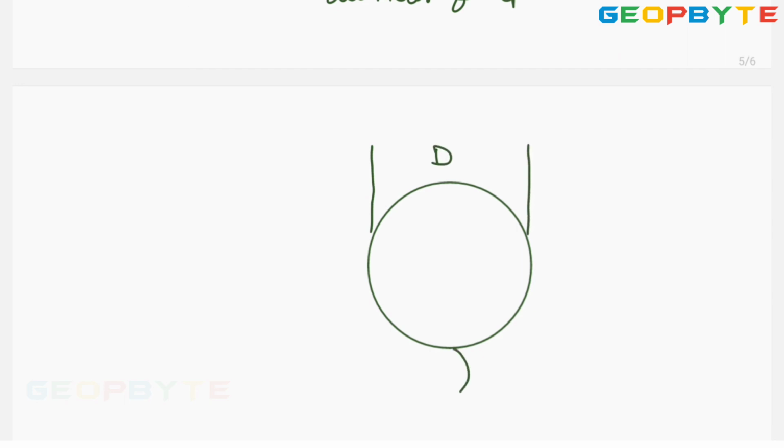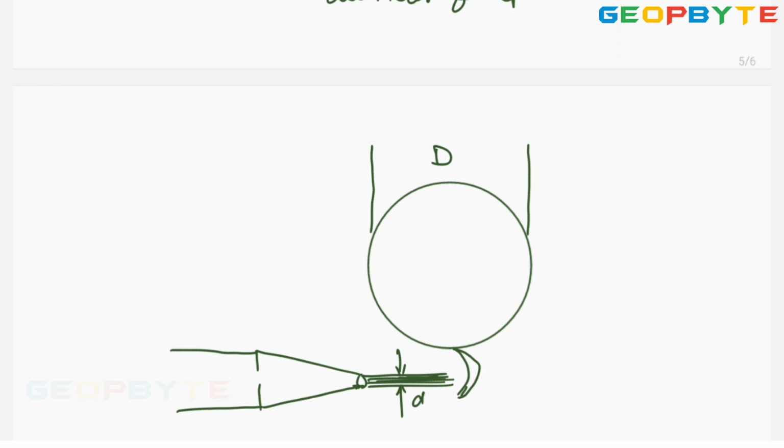And a bucket is connected like this. This is the bucket. A nozzle is arranged somewhere here. This nozzle is connected to the pipe. This nozzle is releasing a high velocity jet like this. Whatever the diameter that jet is maintaining is the small d.